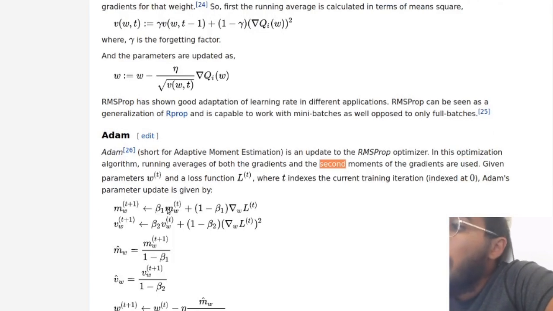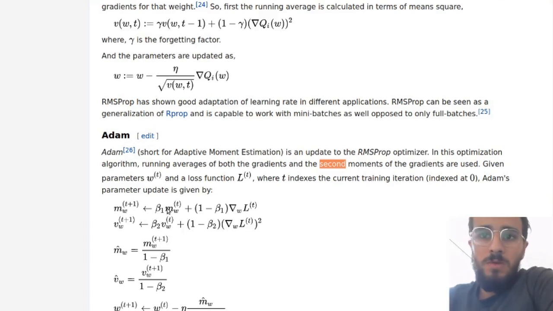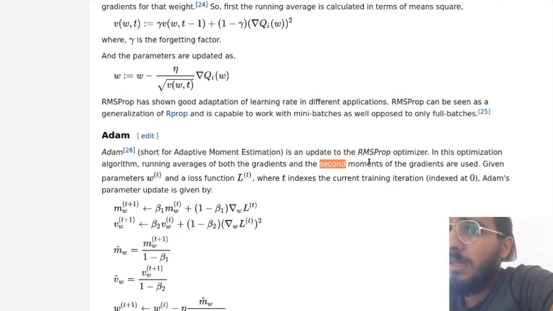So I think beta are decay factors, and this is saying that we can set a different decay factor for both of them. The only difference between the two is the decay factor and the exponent 2. So over here, I think this is what they meant by second moment. I have to Google that afterward.